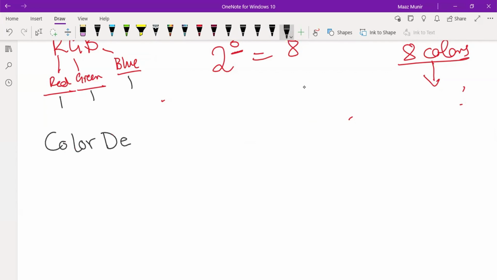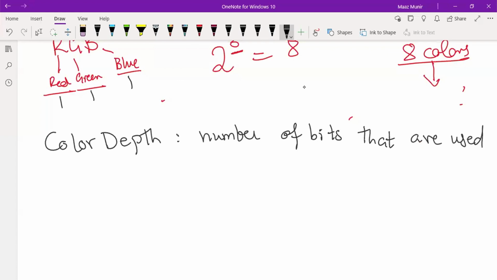Color depth basically refers to the number of, these are definitions you guys need to memorize, these are free marks, number of bits that are used to represent colors in a pixel.